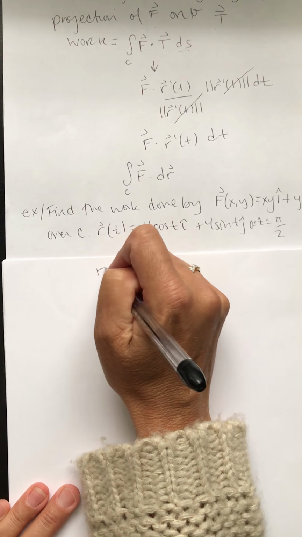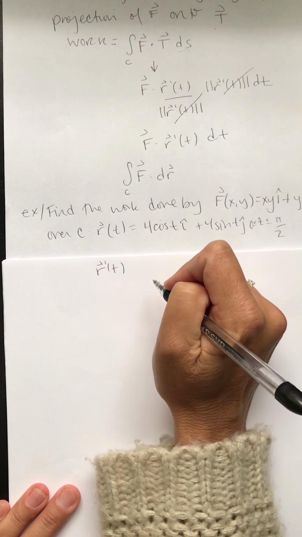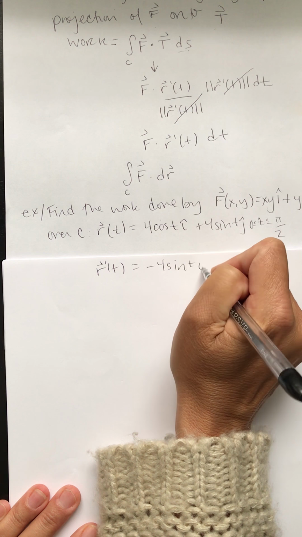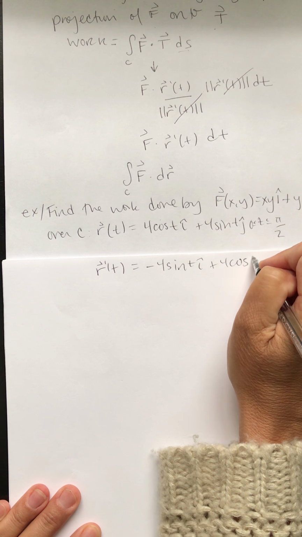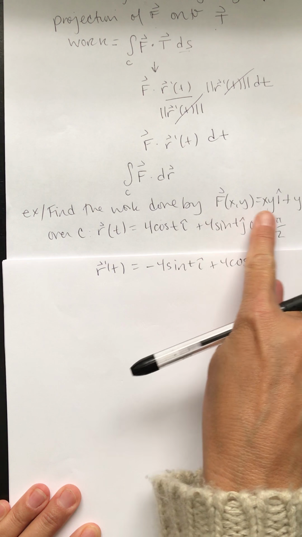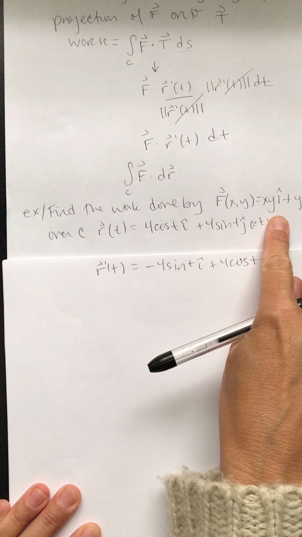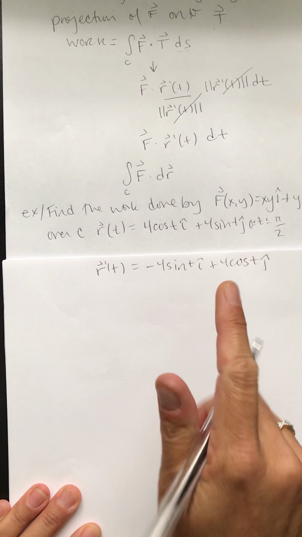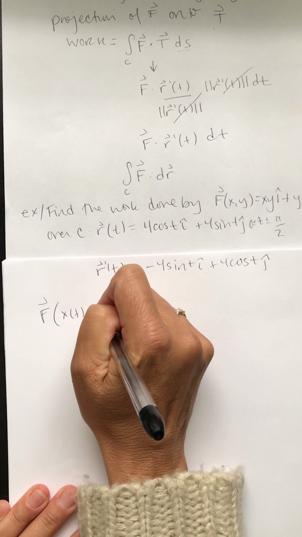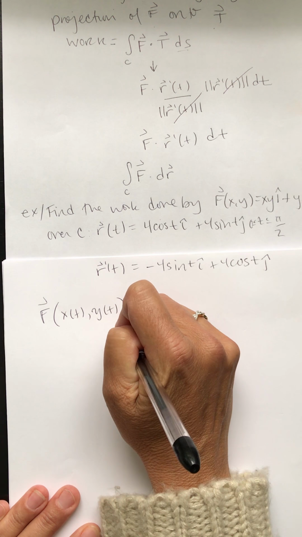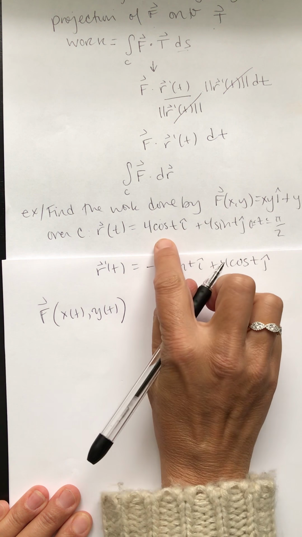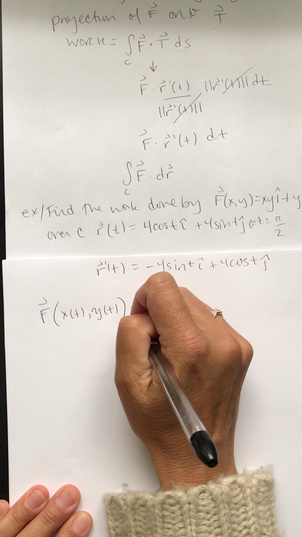First, find r'(t). When in doubt, take a derivative. So r'(t) is going to be -4 sin t i hat + 4 cos t j hat. So now we have F of x and y. We can now write F as a function of t. So F of x(t), y(t) is going to be, well, instead of x, y, here's my x and here's my y.